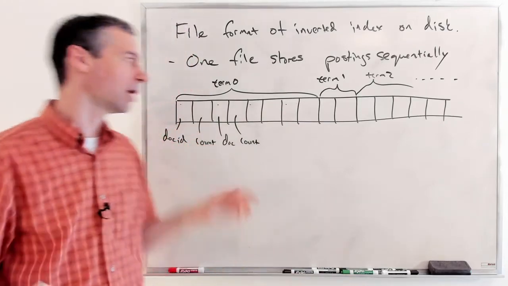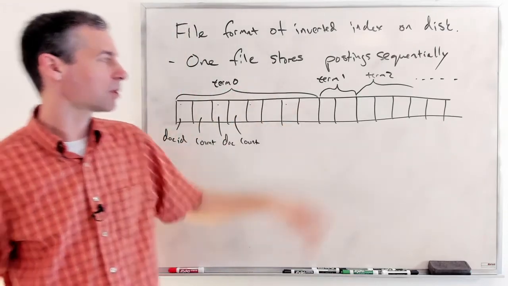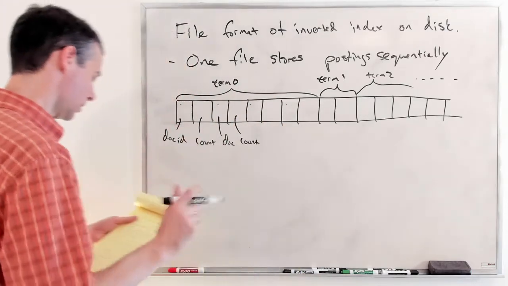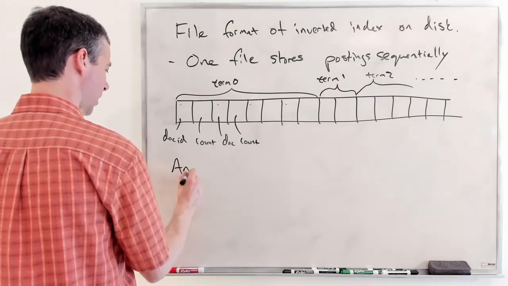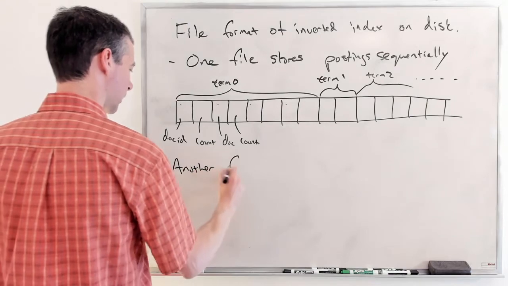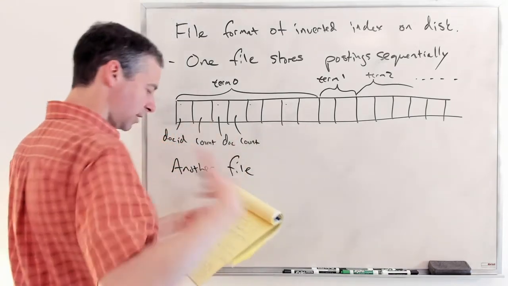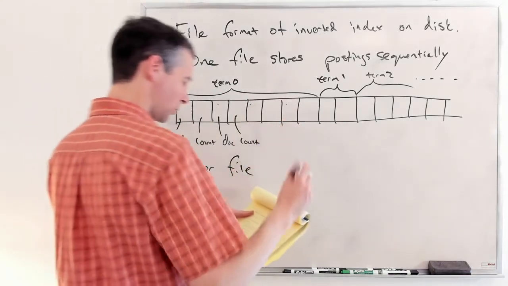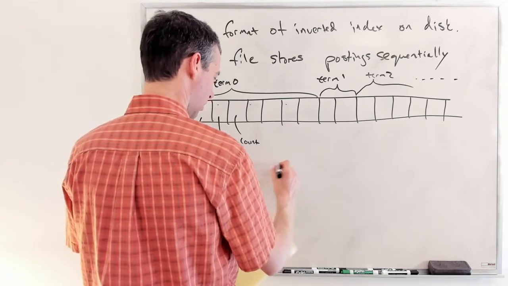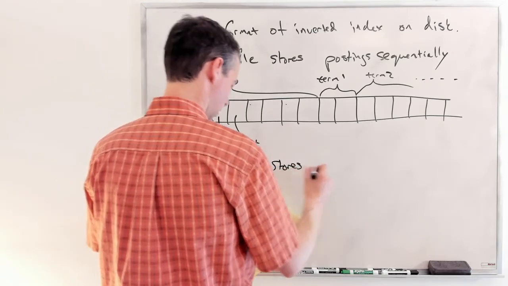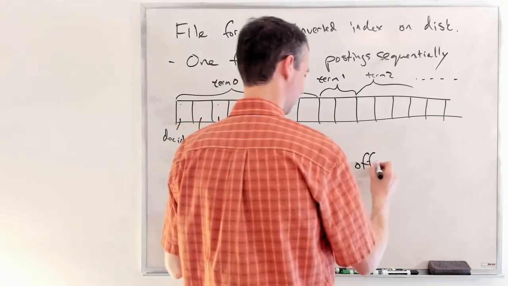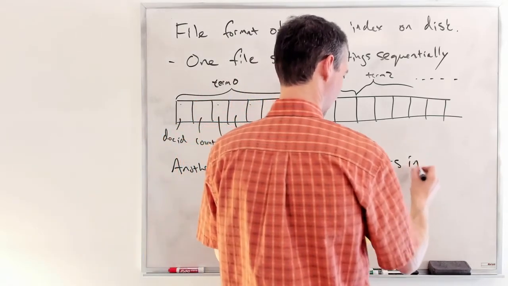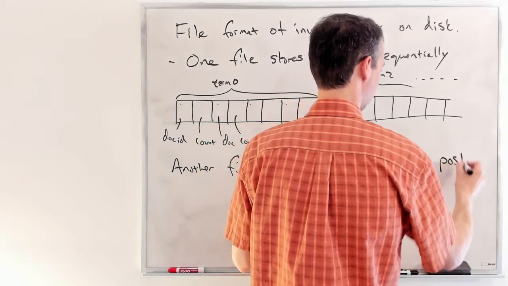But you're like, well, wait a minute, how can I tell where one term starts and one term ends? This is where we have another file. So this is a 2-file system. Another file that we write at the same time that we make this one stores byte offsets into the postings file.